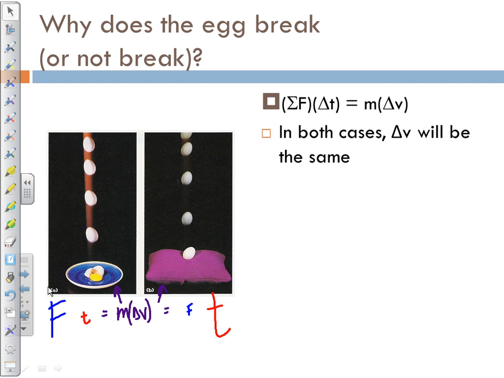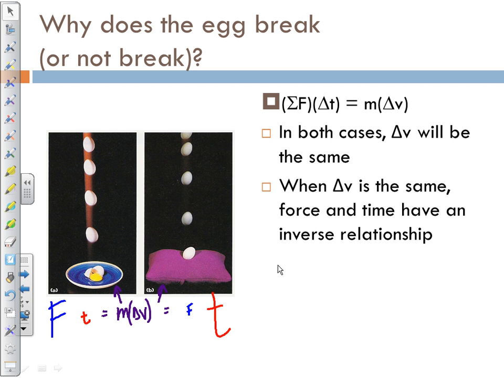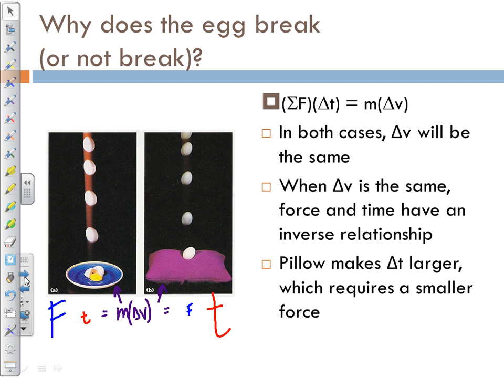When that's the case, force and time have an inverse relationship. Not always, but in this specific case, where an object is coming to rest, force and time have an inverse relationship. That being said, the pillow on the right makes delta T larger, which requires a smaller force.